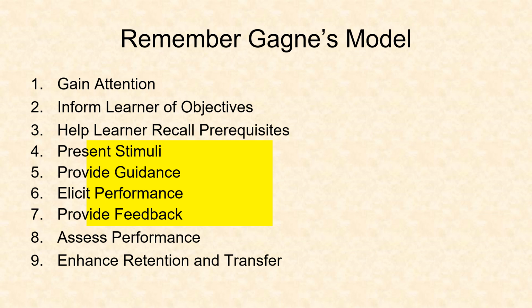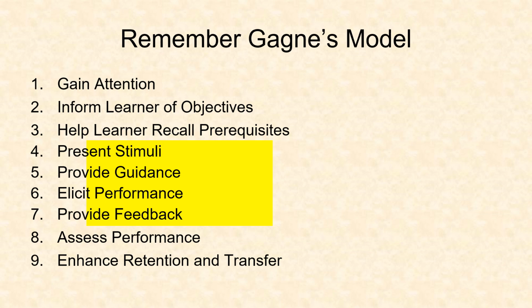Present the stimulus in a small chunk, provide some guidance, elicit some performance, get them to do something to engage with the content, and then provide feedback. We'll take that as one step, one chunk of information, then go back to step 4, present another small chunk of information, provide guidance, elicit performance, and provide feedback.